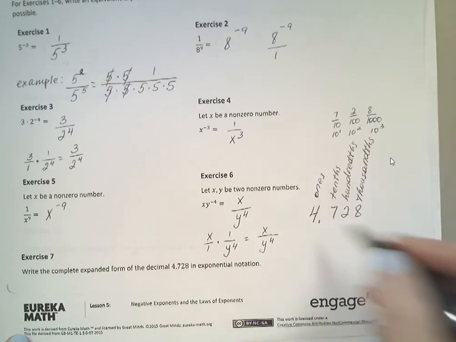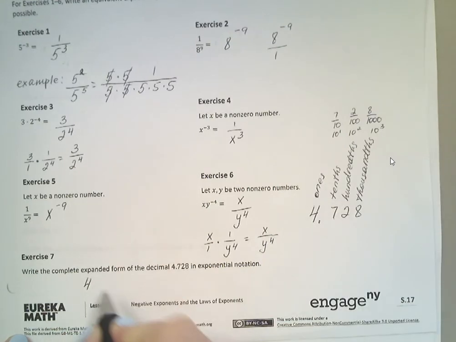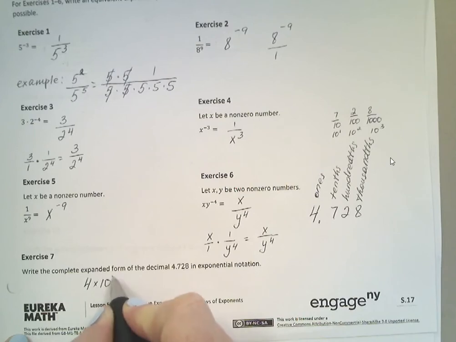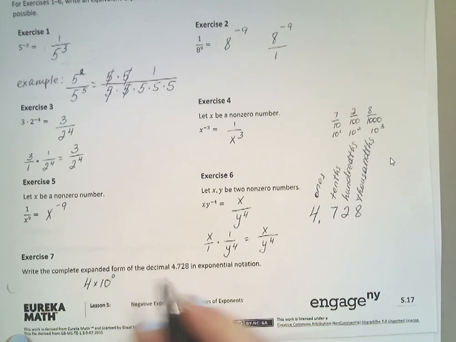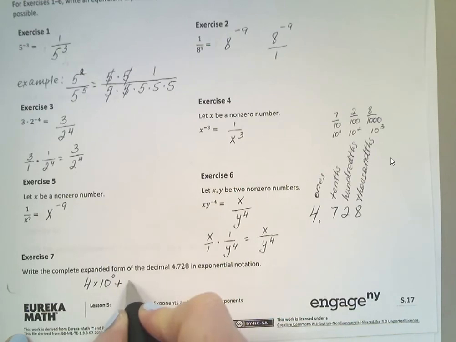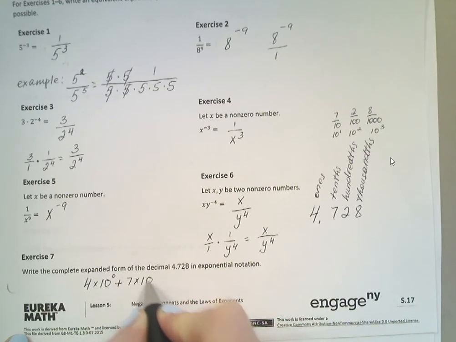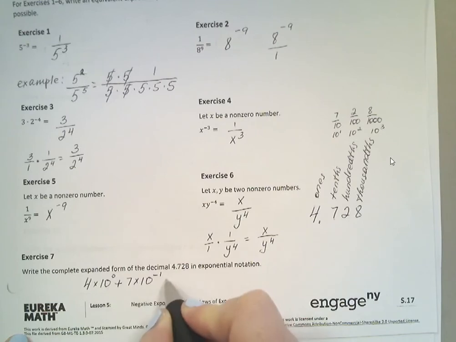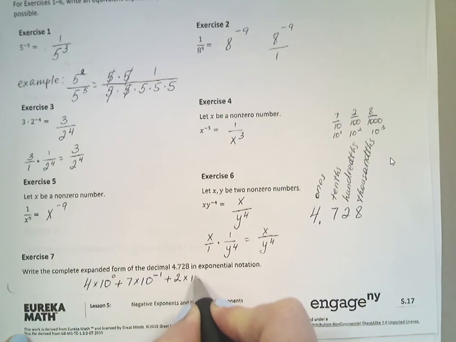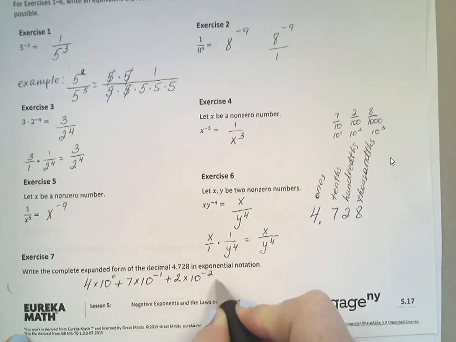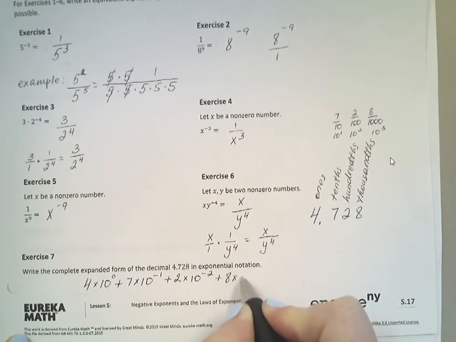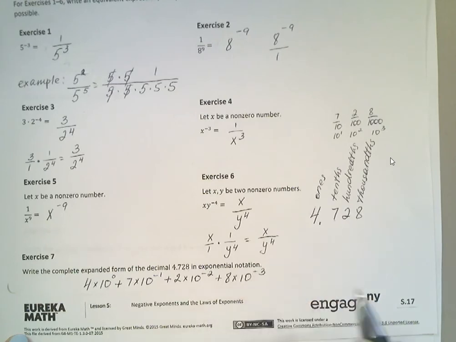So I can rewrite this as 4 times 10 to the 0th, because remember, this is our ones place, and 1 is any number to the 0th power, plus 7 times 10 to the negative first plus 2 times 10 to the negative second plus 8 times 10 to the negative third.